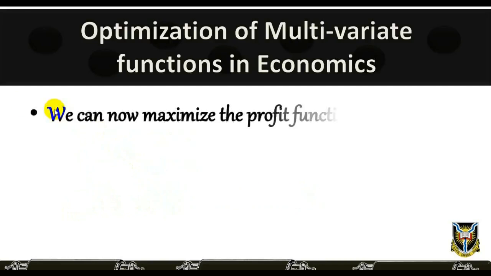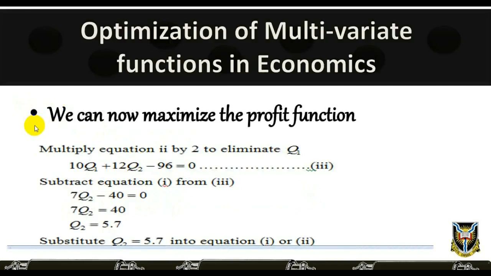Multiply equation 2 by 2 to eliminate Q1. 10Q1 plus 12Q2 minus 96 equals 0. That gives us equation 3. Subtract equation 1 from 3. 7Q2 minus 40 equals 0. 7Q2 equals 40. Q2 equals 5.7.